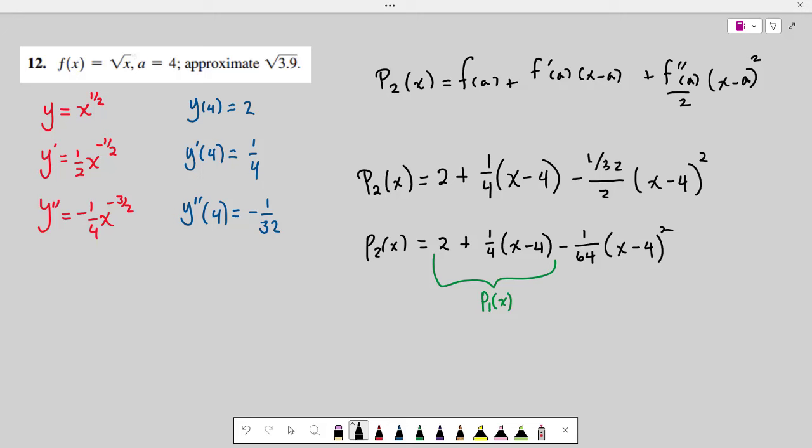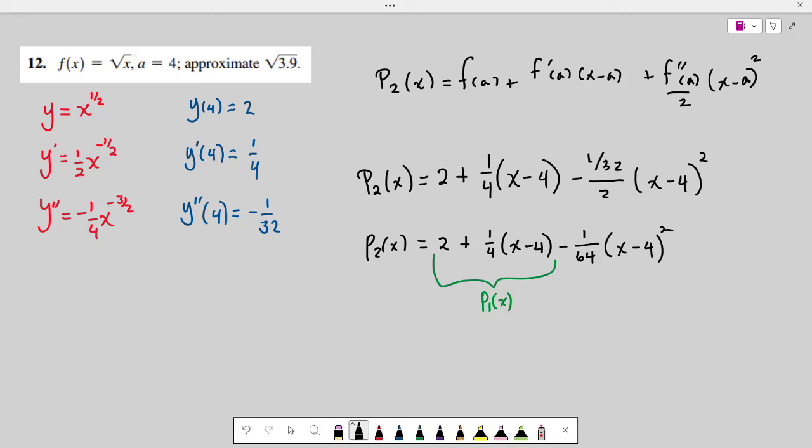Right? The approximation is linear if the power on x is 1, but now the power on x is bumped up to 2, so it's no longer a linear approximation, it's a quadratic approximation. But it's a generalization of the linear approximation concept. So we now have the best parabola, the best parabolic approximation.